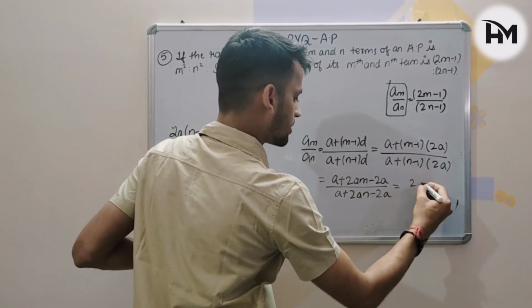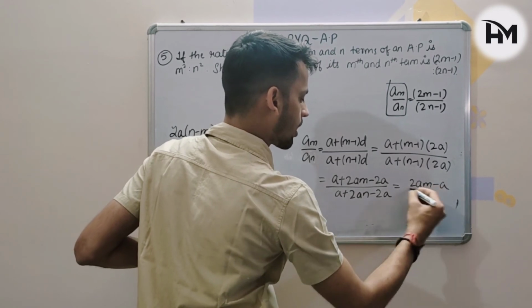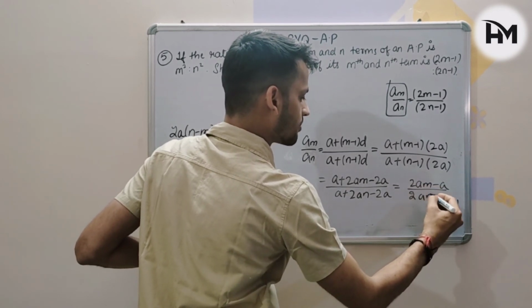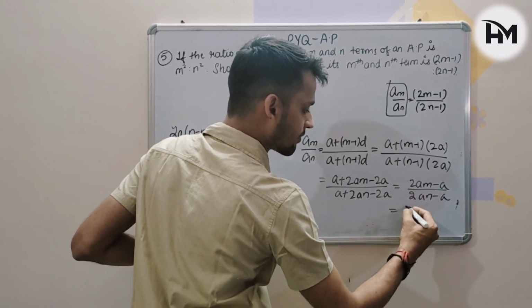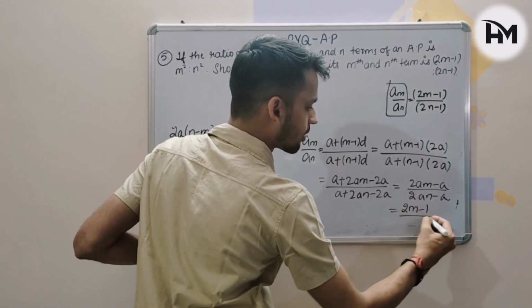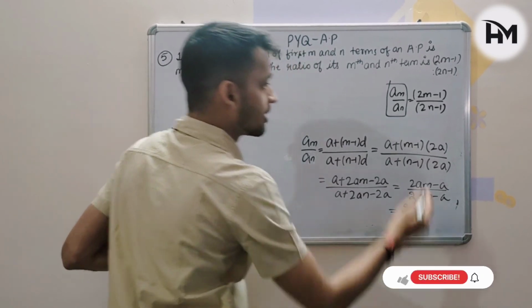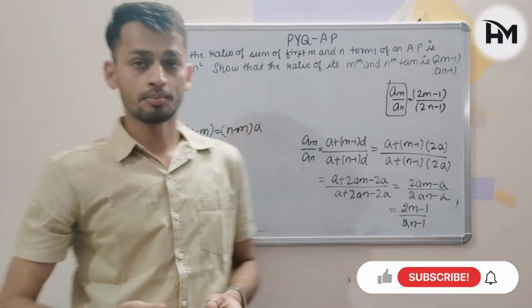So what is left? 2am minus a upon 2an minus a. Taking a common, what is left? 2m minus 1 upon 2n minus 1. So this is what we needed to calculate.